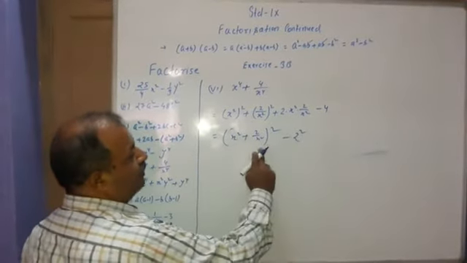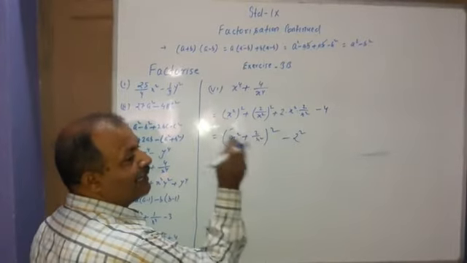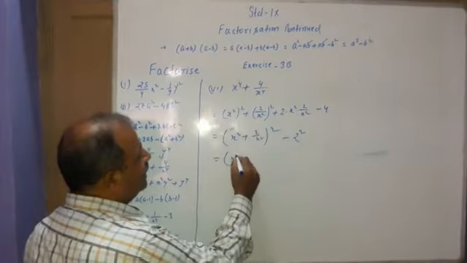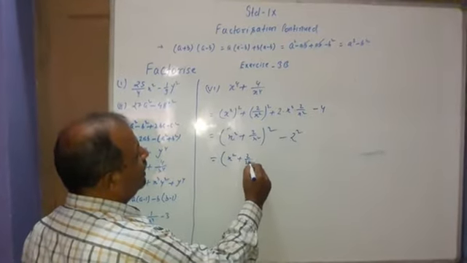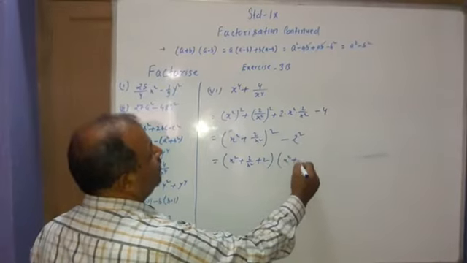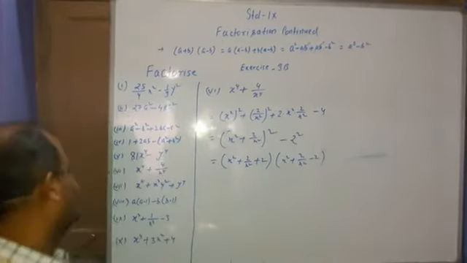Now it is of the form a square minus b square, so it will be written as a plus b and a minus b. Therefore it will be x square plus 2 by x square plus 2, and x square plus 2 by x square minus 2.